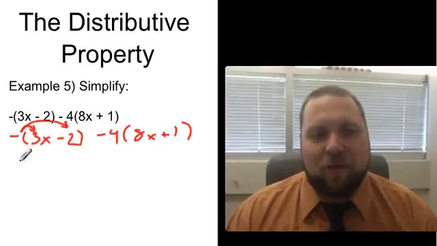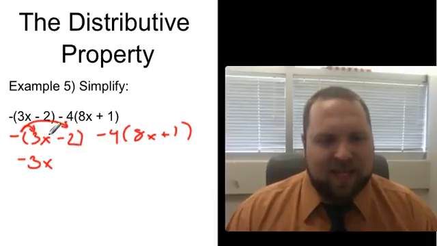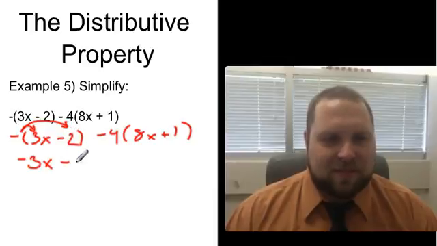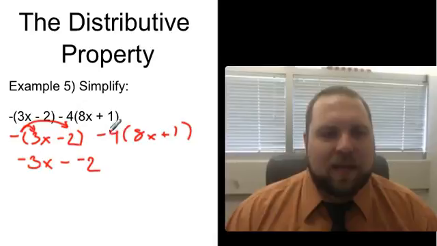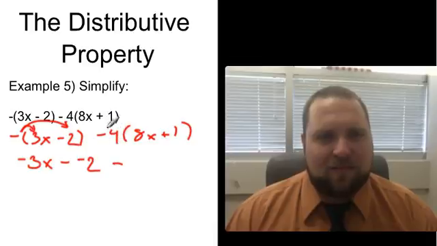So negative 1 times 3x would be negative 3x, and then minus negative 1 times 2, which would be minus 2. And then over here, I'm going to say minus, and now I'm going to distribute that whole negative 4.